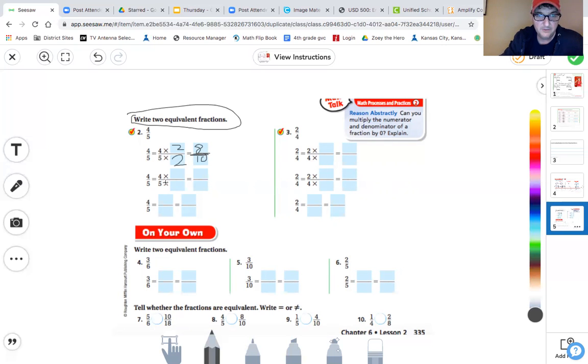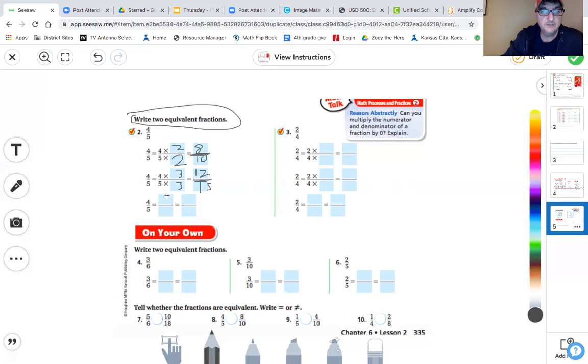Let's choose another number. Let's just do 3. So we've got to multiply both the numerator and the denominator by the same number, in this case, 3. 4 times 3 is 12. 5 times 3 is 15. So we got 12/15, which is also equivalent to 4/5.